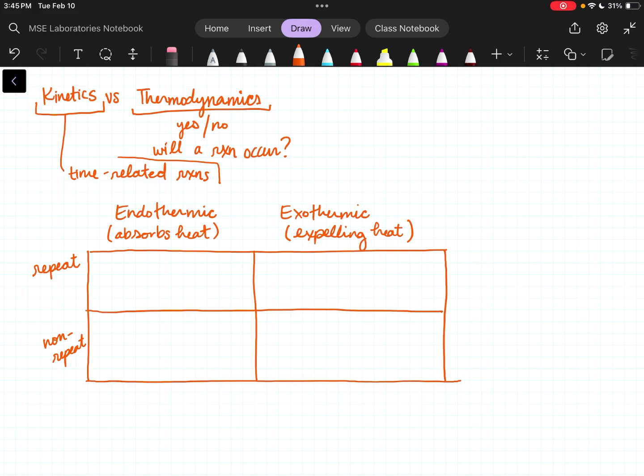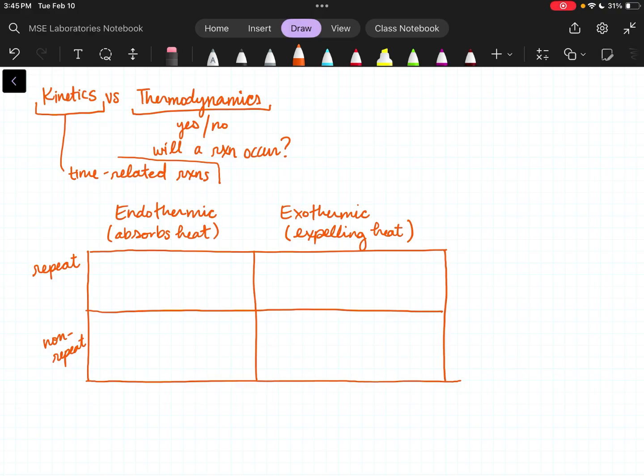Can you give me an example of, or I guess really quickly, do you understand what I would mean by a repeatable versus a non-repeatable reaction? Something that you can go one way and then go back. Exactly. We're talking about whether this is repeatable or not by reversing the temperature change.